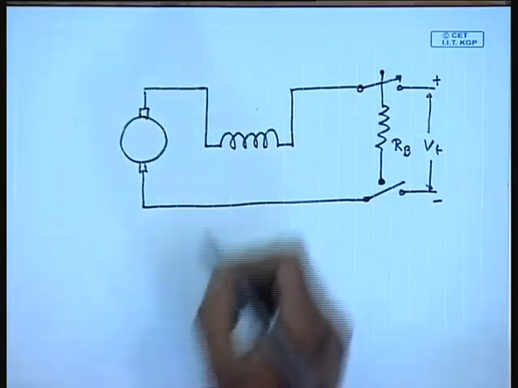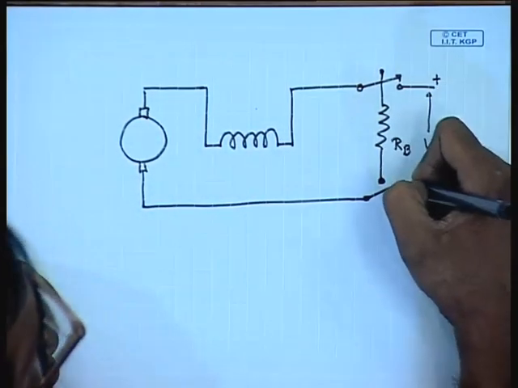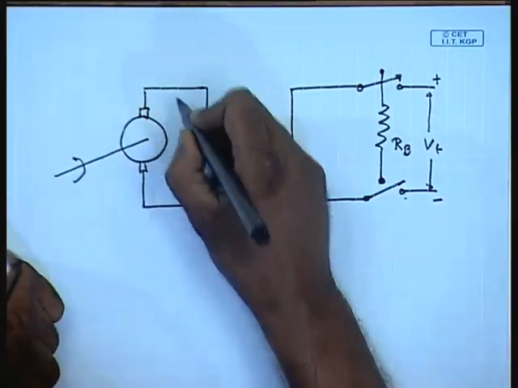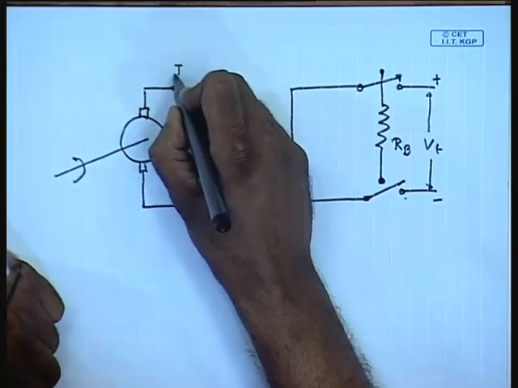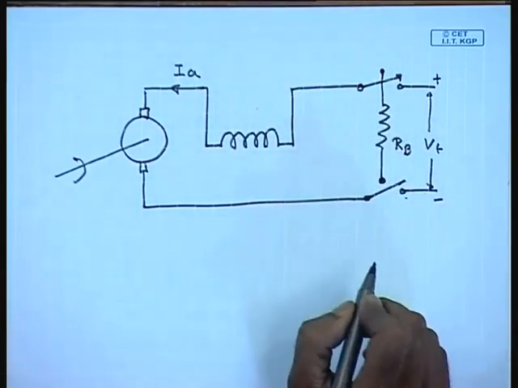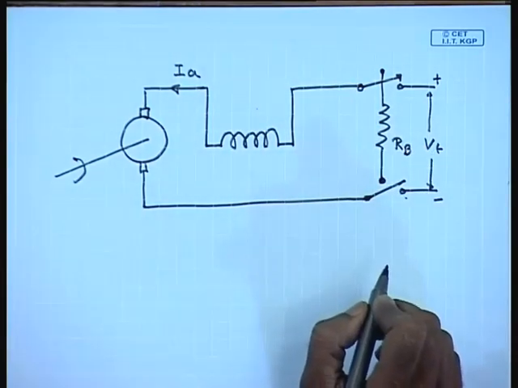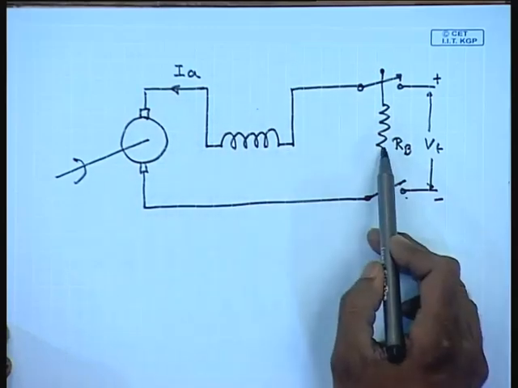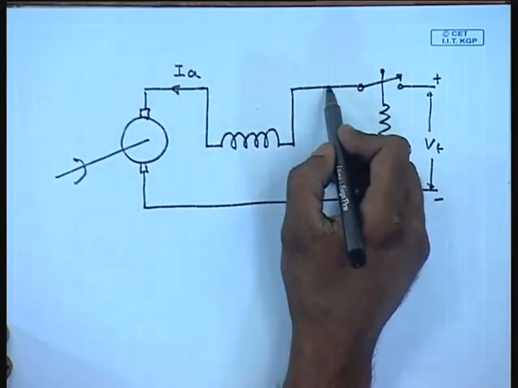What happens during motoring mode? The machine is connected to the supply and the armature current flows into the motor. If the machine has to operate in the braking region, it must operate as a generator and current must be fed to the braking resistor. That means the direction of current must reverse.